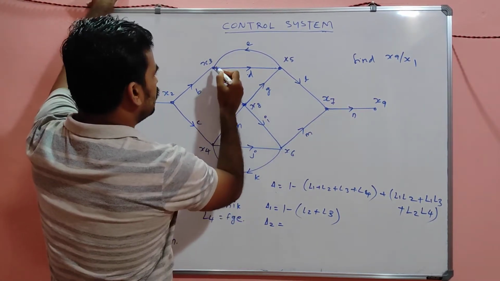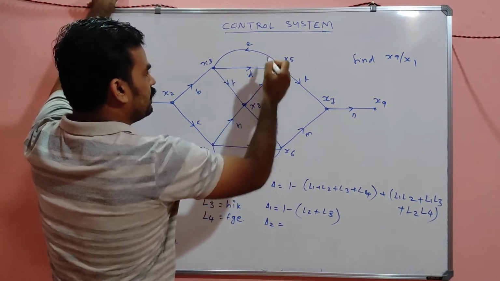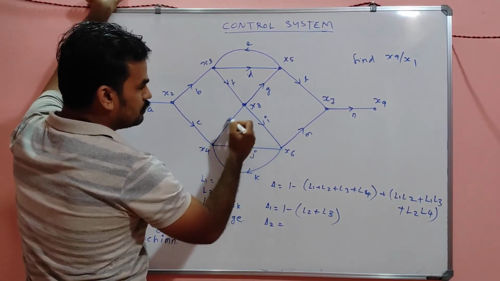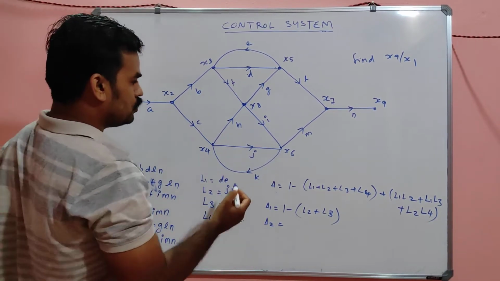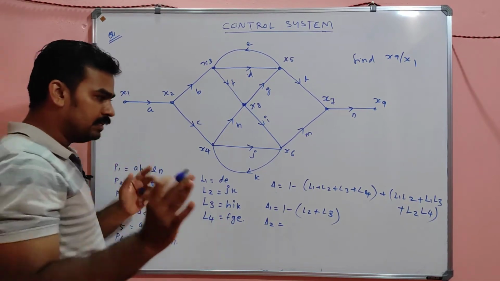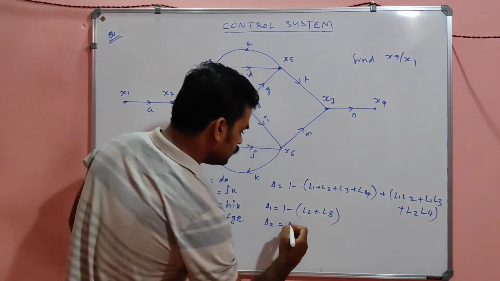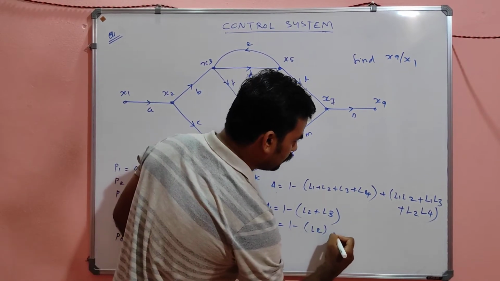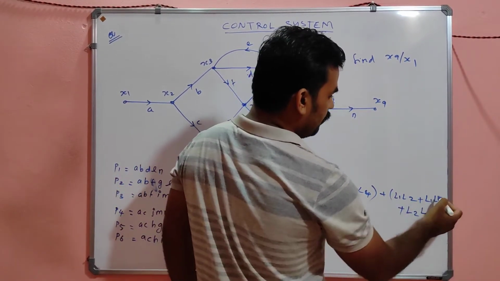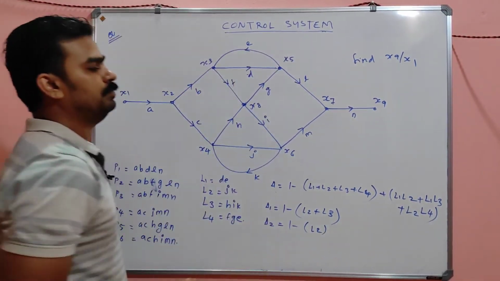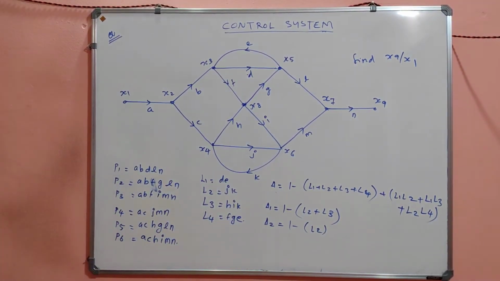This and this will be cancelled, and this bigger loop also gets cancelled. So only JK will remain, which means only L2 will remain. So del 2 is 1 minus L2 only.